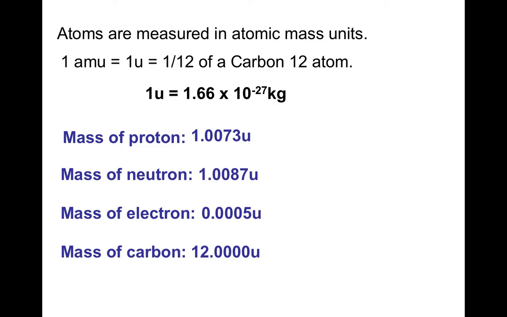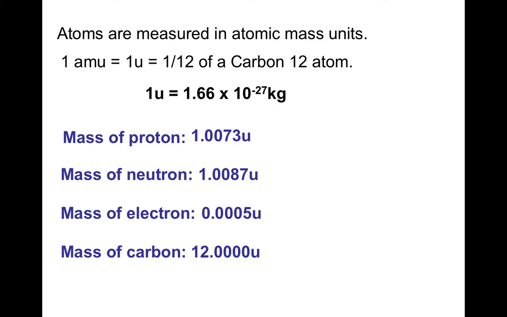And so instead of saying atomic mass unit, physicists call this the universal mass unit. One universal mass unit is equal to 1.66 times 10 to the negative 27 kilograms. And that's roughly the mass of a proton and a neutron. It's a little bit smaller.